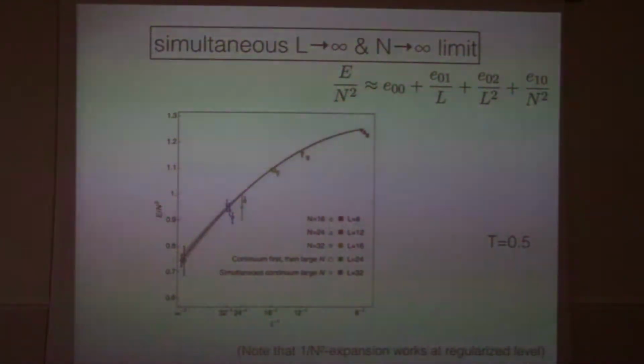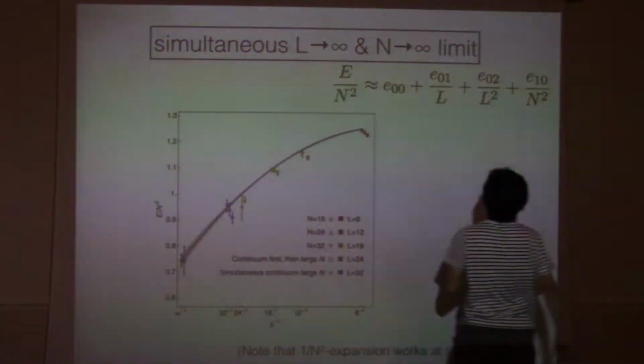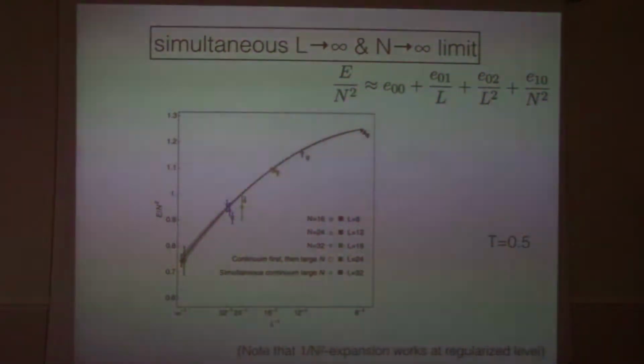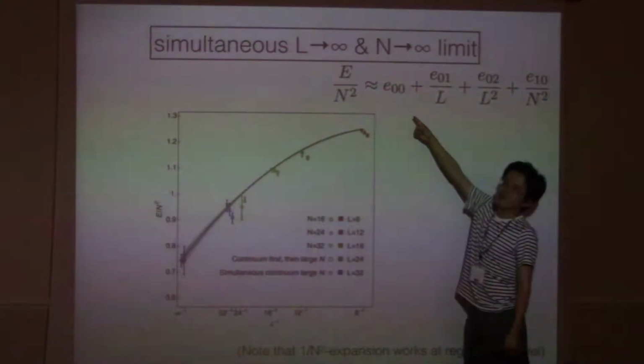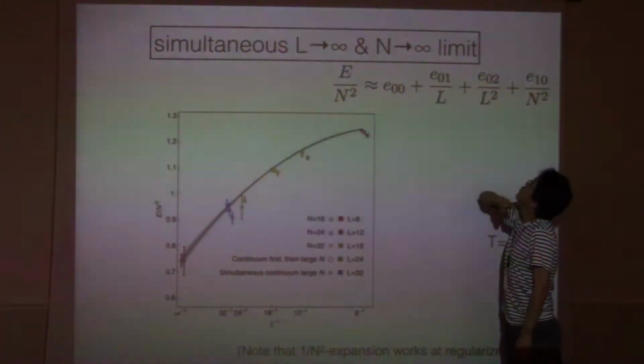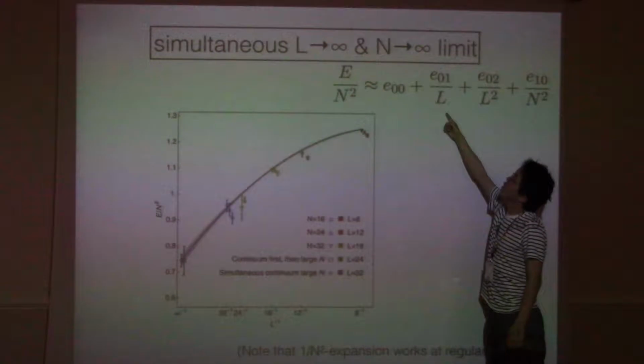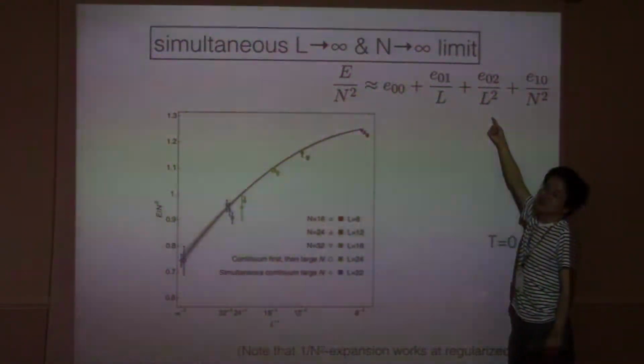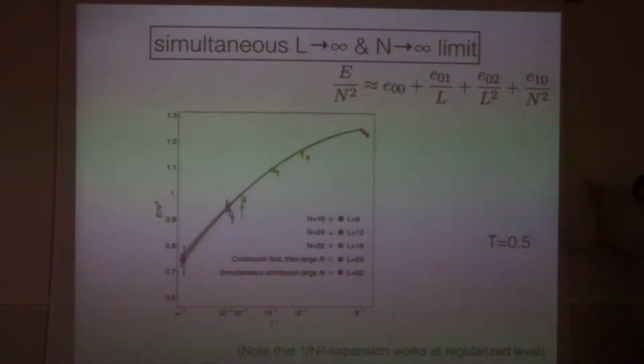And also, in order to take large n, we have to study different values of n as well. So typically, we studied n equals 16, 24, and 32 for various lattice sizes, and assumed this extrapolation. The leading part is the large n continuum piece, and we assumed corrections: 1 over L at large n, 1 over L squared at large n, and the constant part of 1 over n squared.